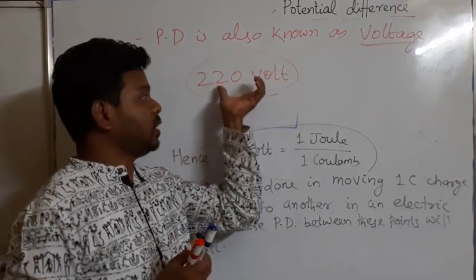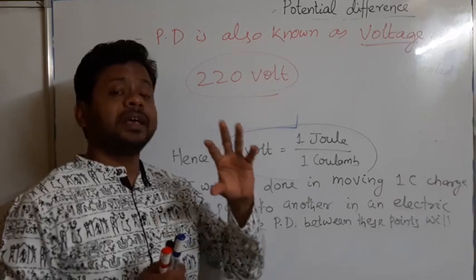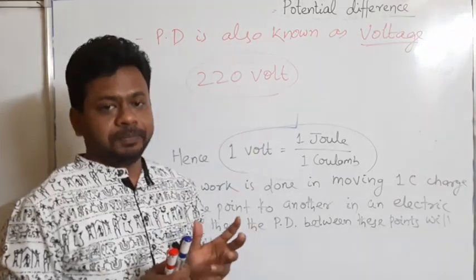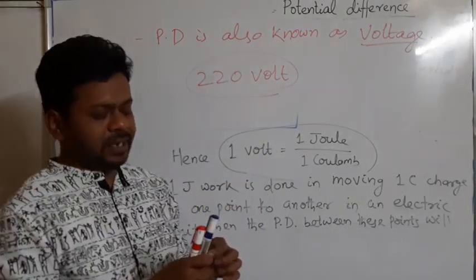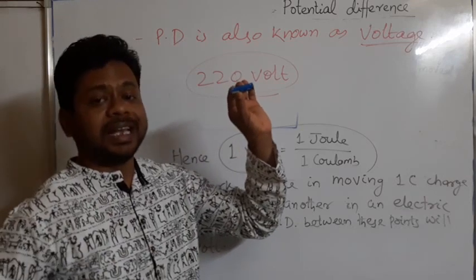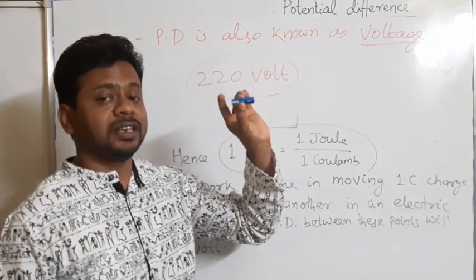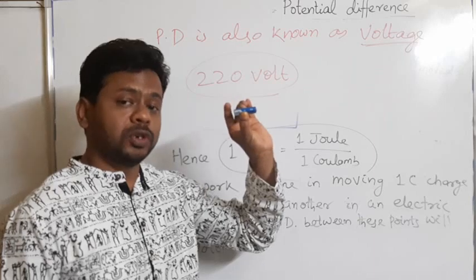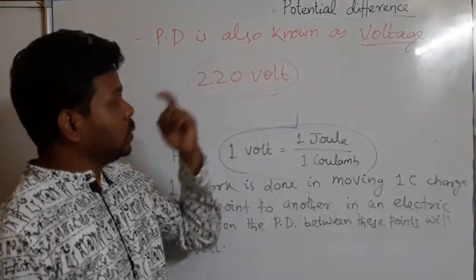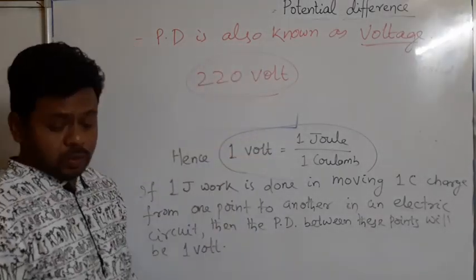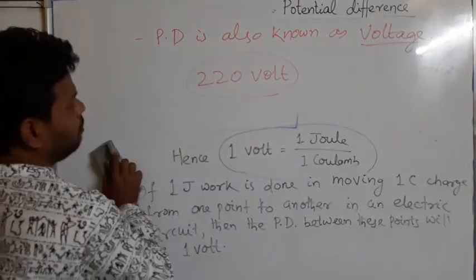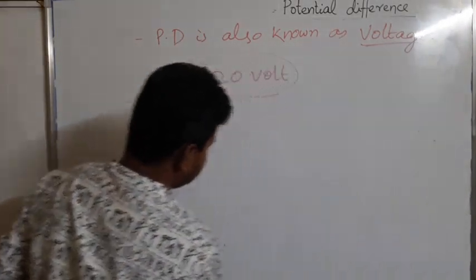When the potential difference is 220 volt, they work effectively. But simply one cell has a potential difference of 1.5 volt. So how can you measure this potential difference?